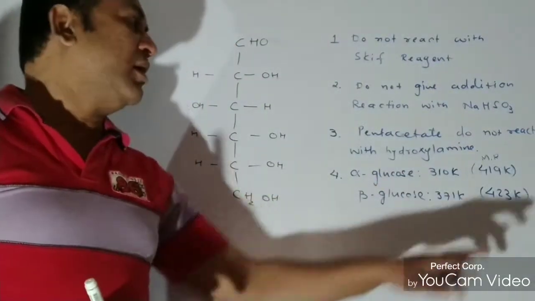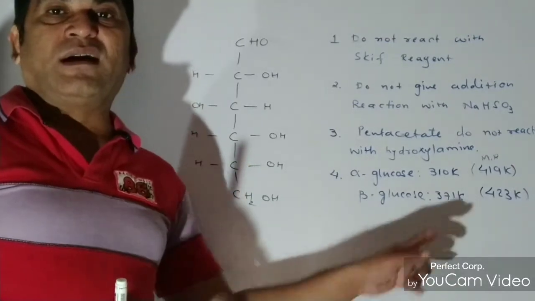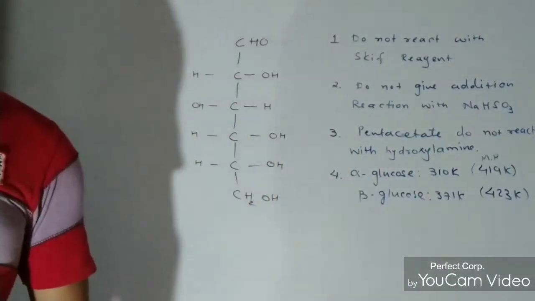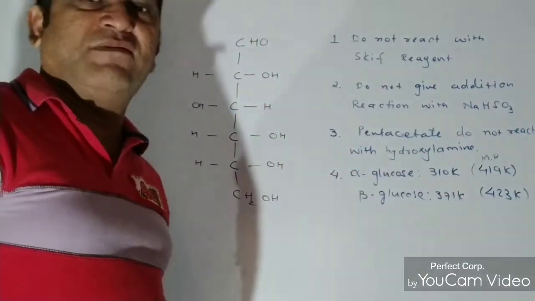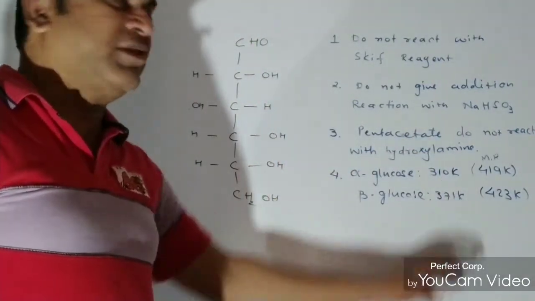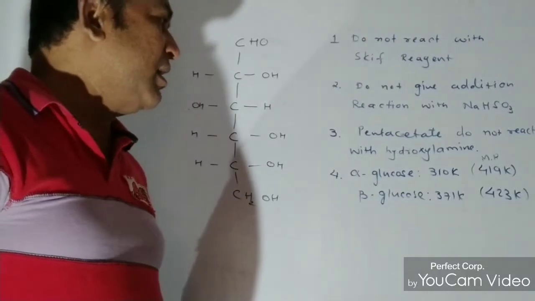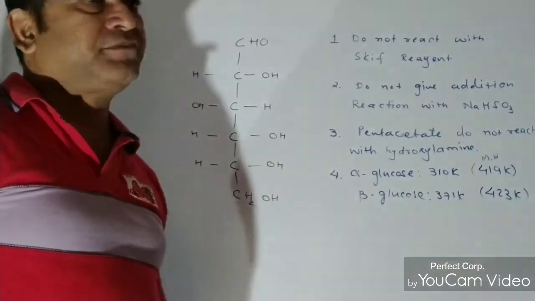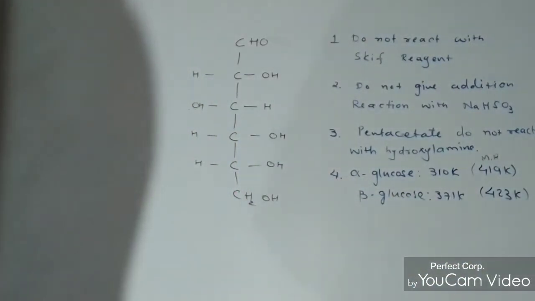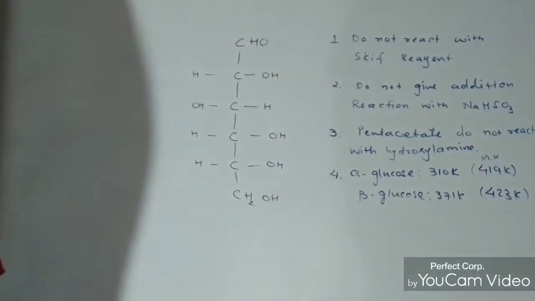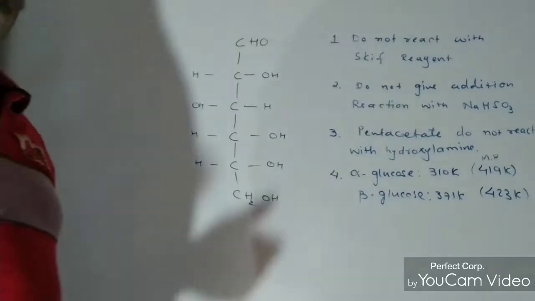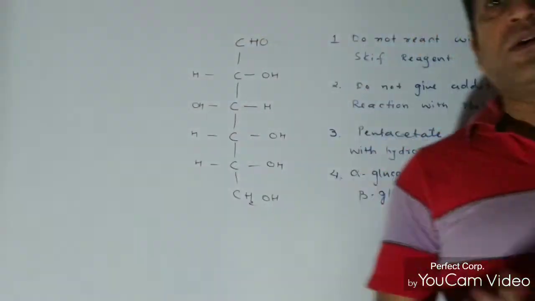One structure has a melting point of 419 Kelvin, the other has 423 Kelvin. After boiling at 310 Kelvin we get the alpha structure, and after boiling at 371 Kelvin we get the beta. Now these alpha and beta structures cannot be explained here, and that's why we found that something is wrong.